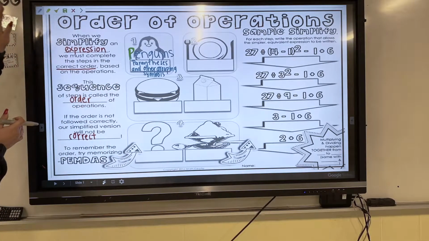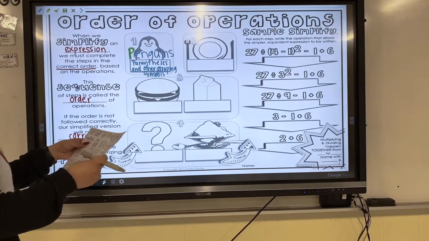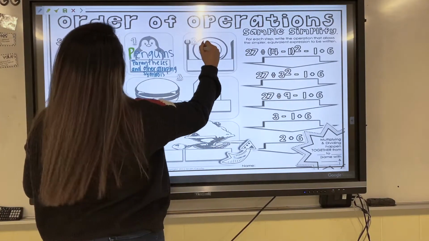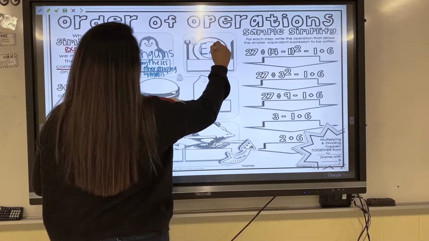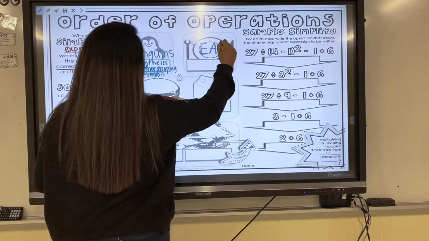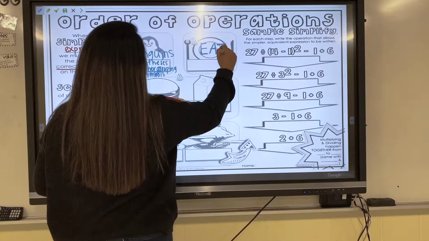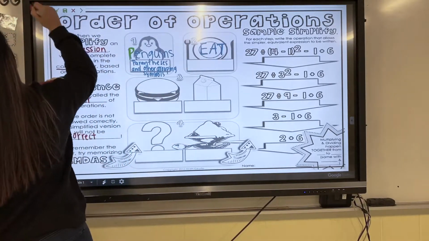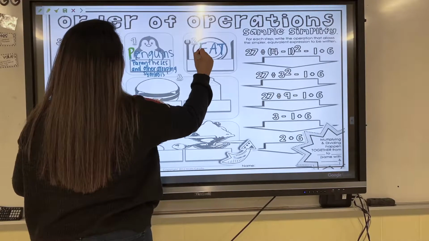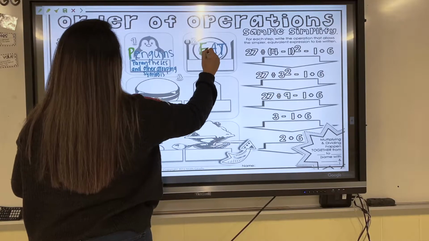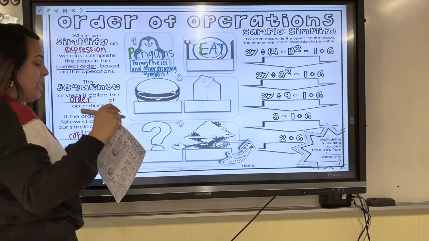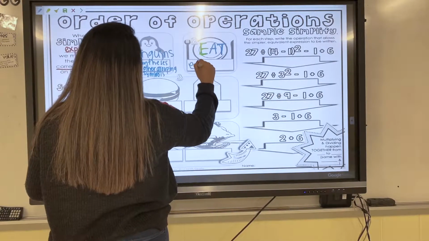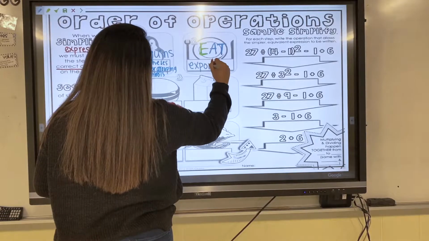All right, so number 2. So we have the P, next is the E for eat in this scenario. So you have penguins eat. And that E represents something that we just learned this week, and it is exponents.